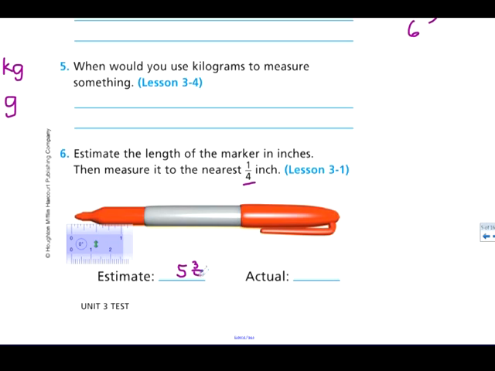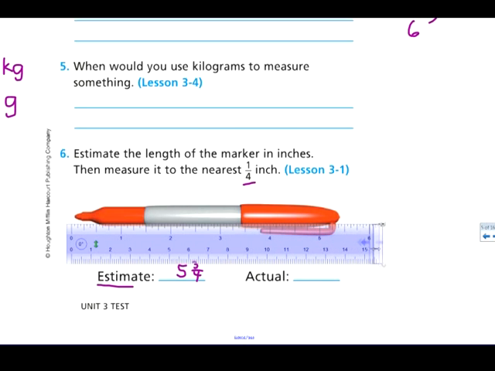So that's my guess. What's an estimate? A good guess. So let's check with our ruler. Let's see how big this pen is, this marker. Ooh, how close was I? If we use that as our guide, I was off.